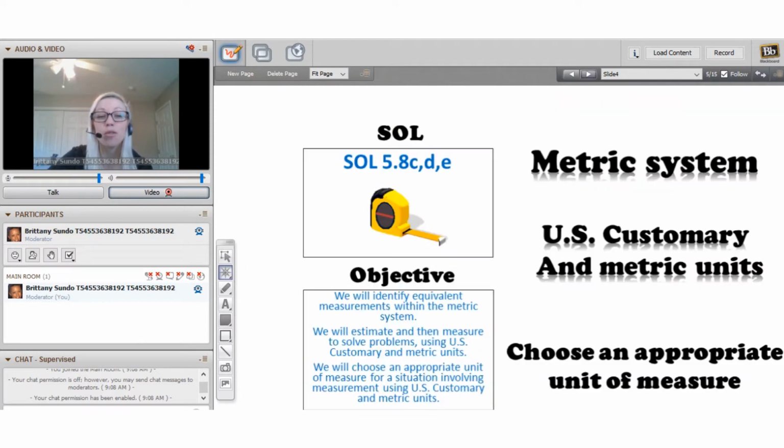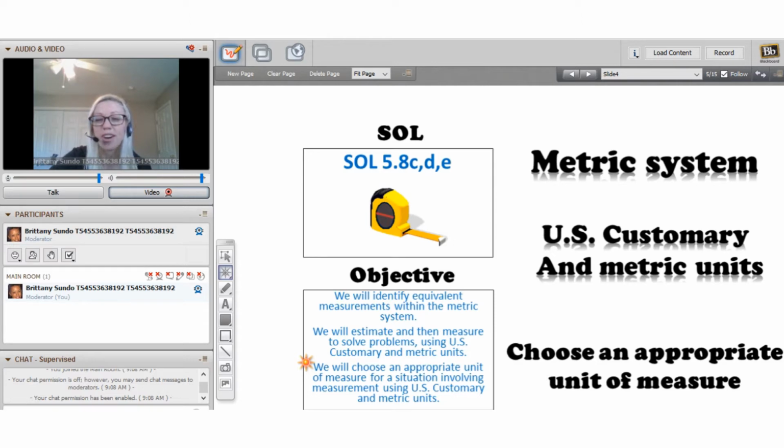The SOLs that will be covered in class this week and in today's video are SOL 5.8, C, D, and E. We have 3 objectives. 1 is we will identify equivalent measurements within the metric system. 2, we will estimate and then measure to solve problems using U.S. customary and metric units. 3, we will choose an appropriate unit of measure for a situation involving measurement using U.S. customary and metric units.